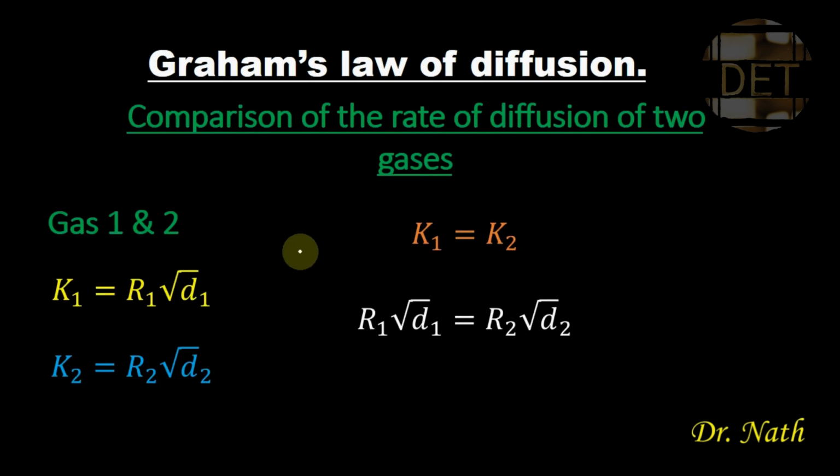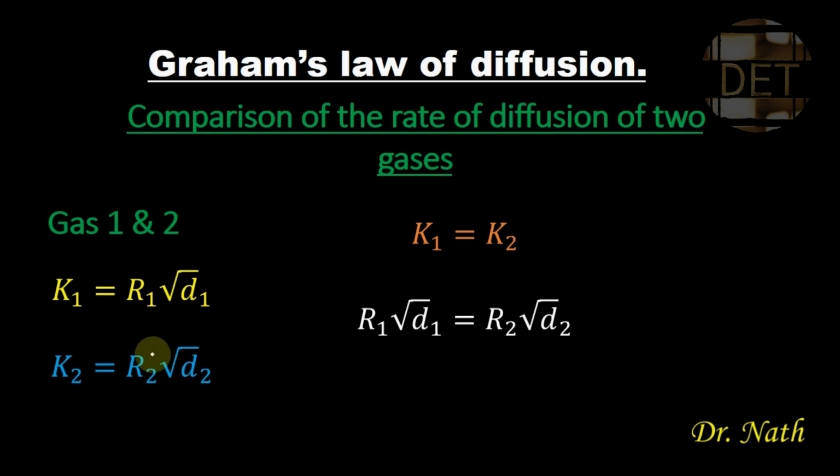In a situation whereby we are comparing the rate of diffusion of two gases, let's say gas 1 and gas 2, the Graham's constant for gas 1 will be equal to Rho1 square root of D1, and Graham's constant for gas 2 will be equal to Rho2 square root of D2.